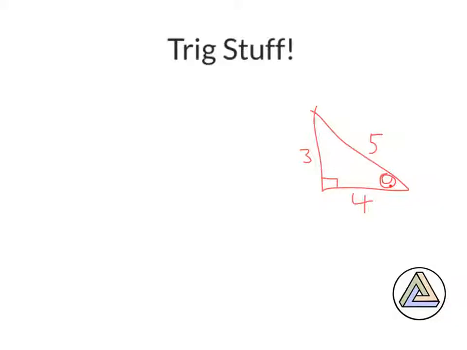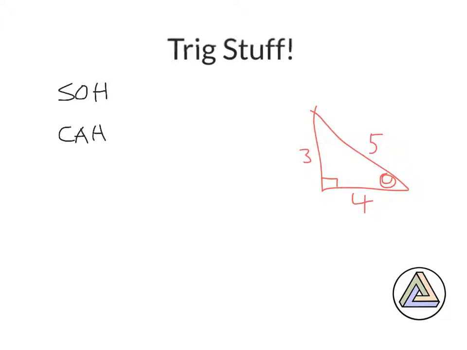Now, that little symbol right there kind of looks like a 0, but it's swoopy instead of a line going straight through. That's called theta. Okay, it's a Greek letter, and it's often used to denote various angles in triangles, especially once you get to trigonometry. So anyway, when it comes to the trig stuff that you need to know for the SAT, definitely it's good to know this, SOHCAHTOA.